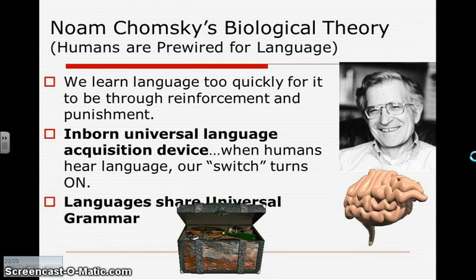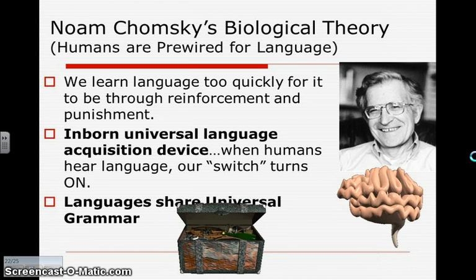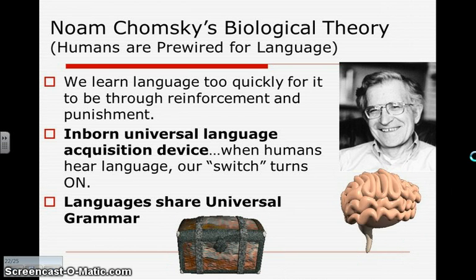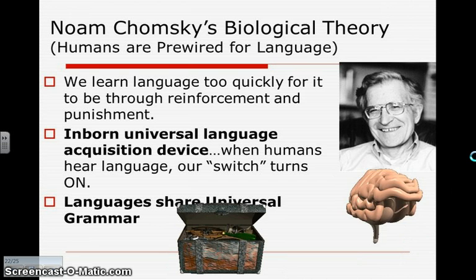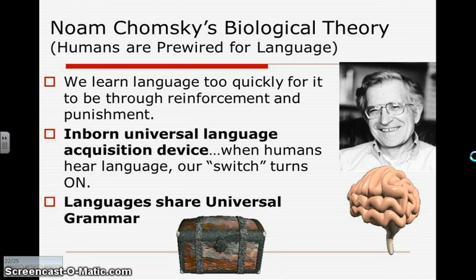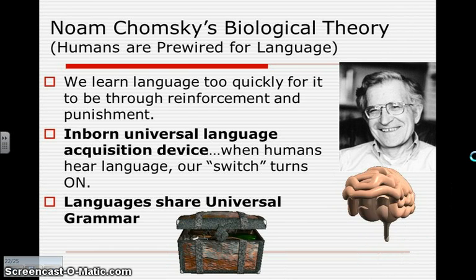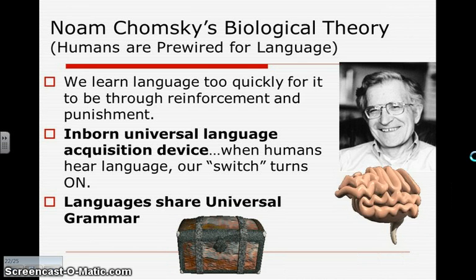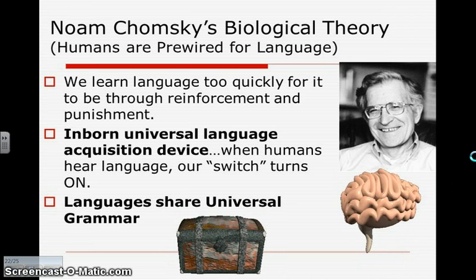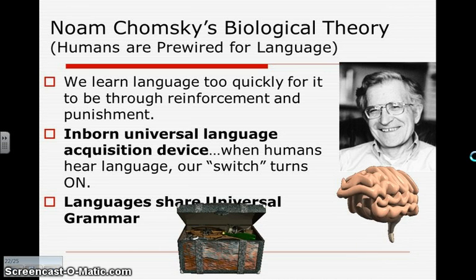He believes that humans share an inherent universal grammar. That doesn't mean the grammar is exactly the same in every language, but the idea is that we're pre-programmed for that grammar. This theory is also supported by the concept of a critical period for language, and the idea that children who are not exposed to language during that time find it very challenging to develop language. So all of that information goes along with this theory.